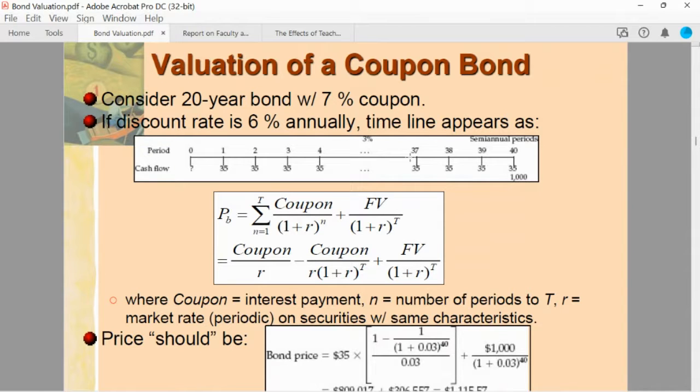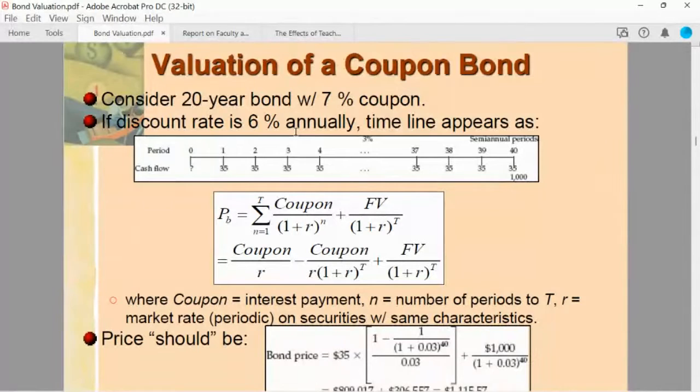Also, some intuitive reasoning. If it pays a better coupon than the average prevailing rate in the market, didn't I say discount rate? This is not the way it is worded; the way it is worded is that the prevailing rate is 6%, or similar bonds are paying 6%.